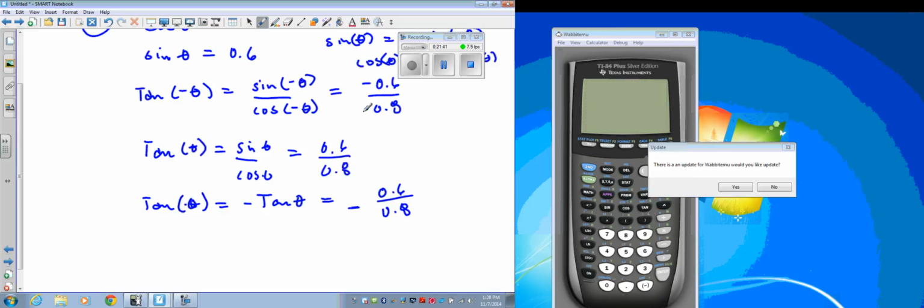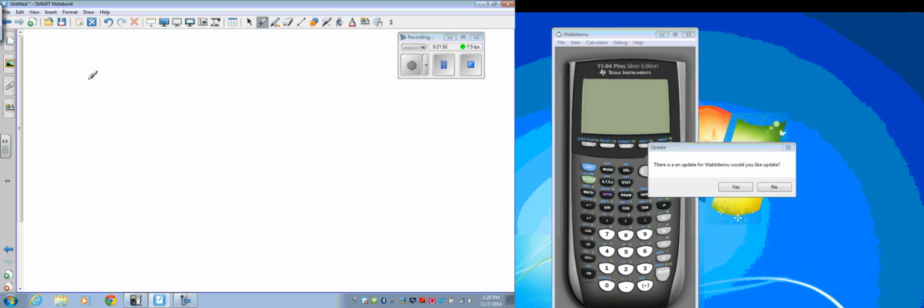Just different ways of looking at the same thing. So, number 5. We're given sine. So it's a negative sine of a negative theta.